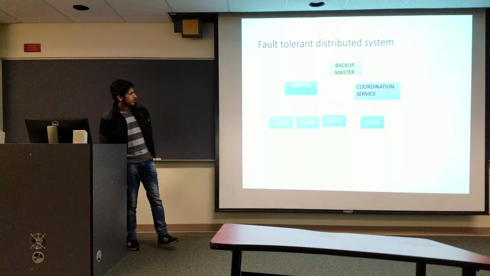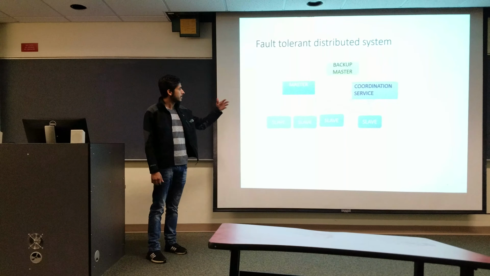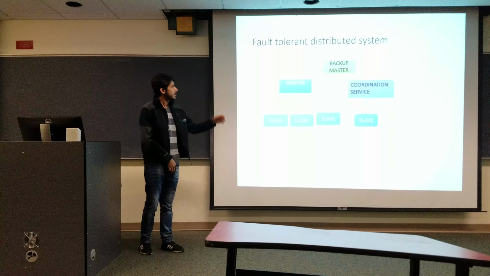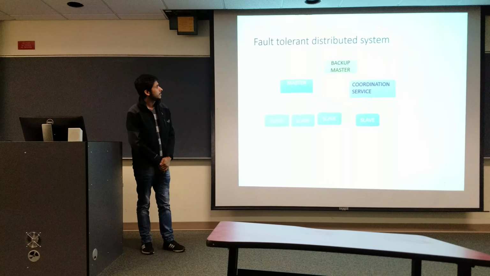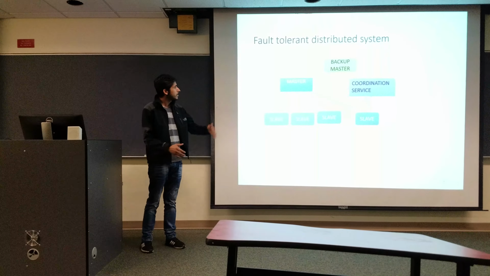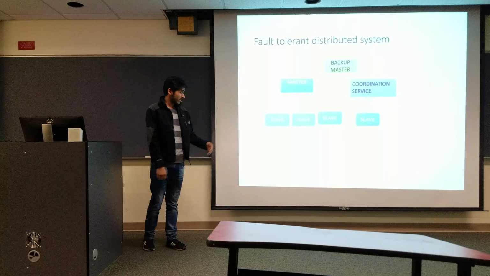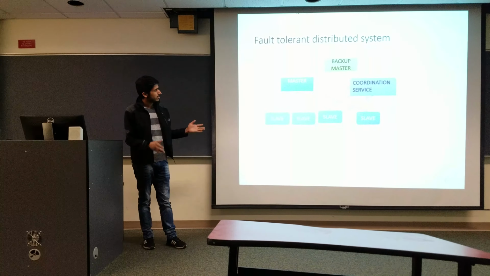The master connects to the slaves, and the slaves also connect to the coordination service. Whenever the master dies, the backup master comes into operation, and it gets the previous configuration from the coordination service, all the backup and configuration data that the previous master has lost.